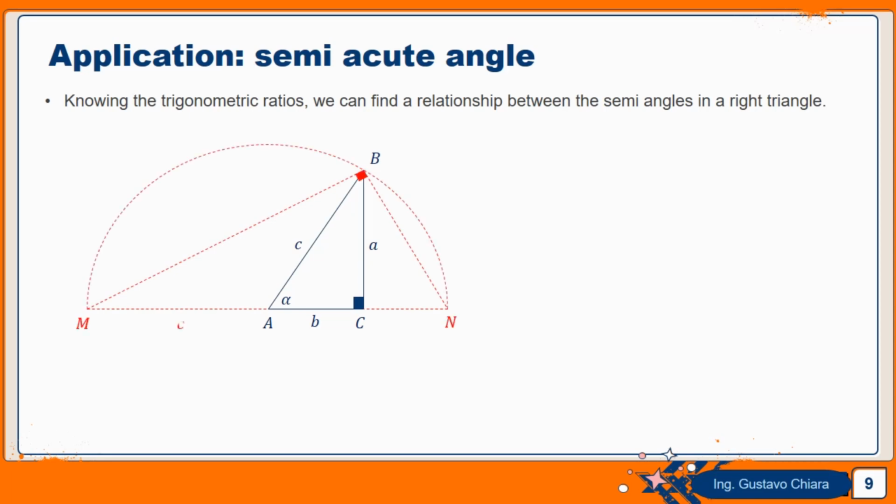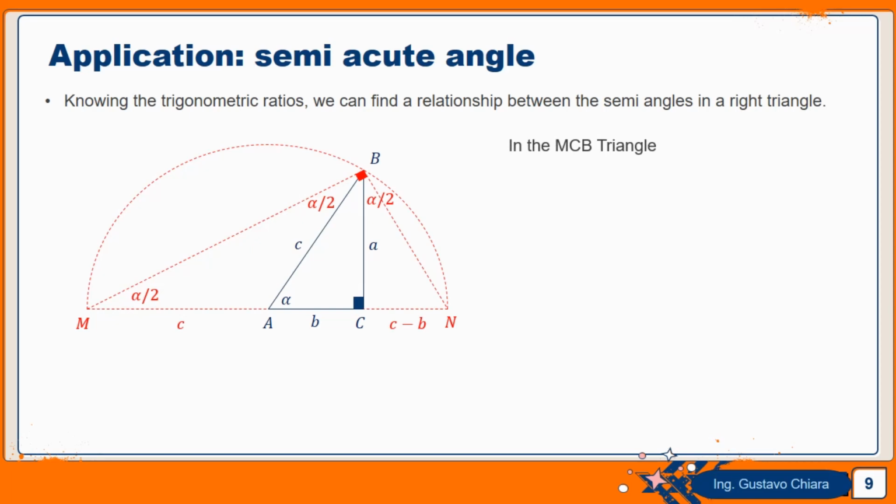Pay attention in this triangle, A, B, and M. This triangle has two equal sides, so this is an isosceles triangle. So in this case, the angle is alpha divided by 2.